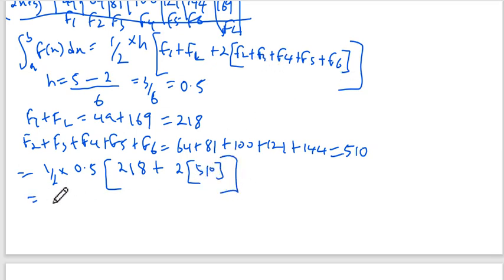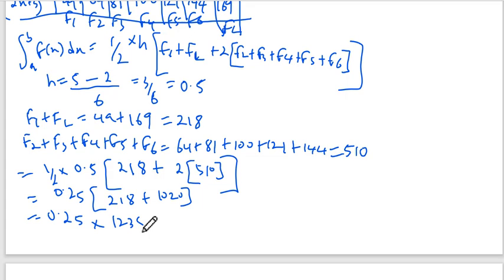So that gives us 1 over 2 times 0.5, that's 0.25, bracket 218 plus 2 times 510, 1020. So that's 0.25 times 1238, that gives us 309.5.